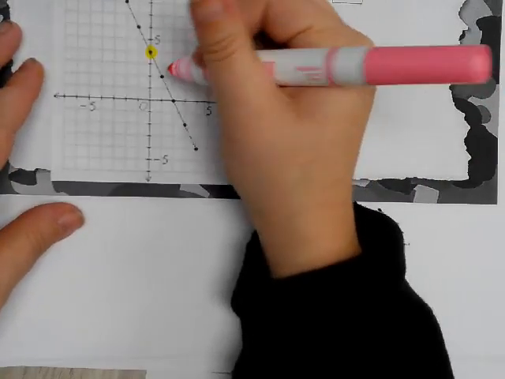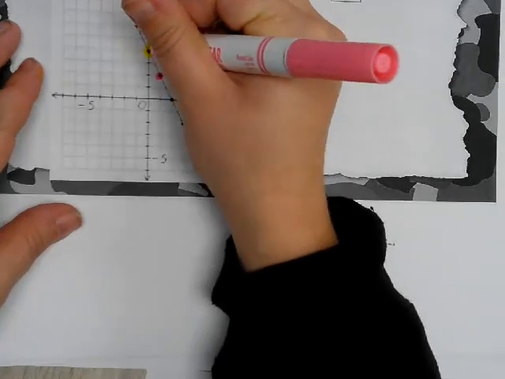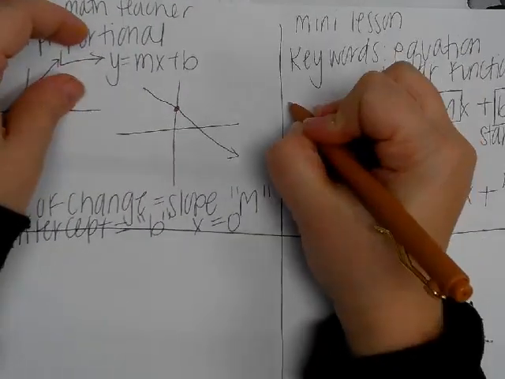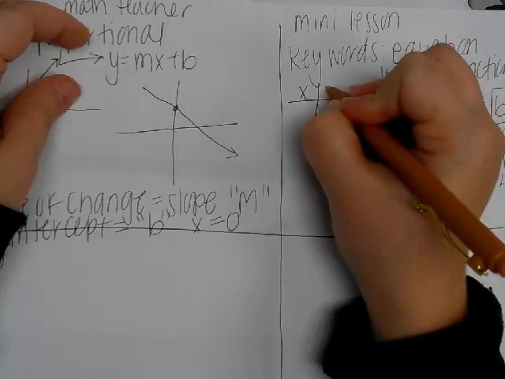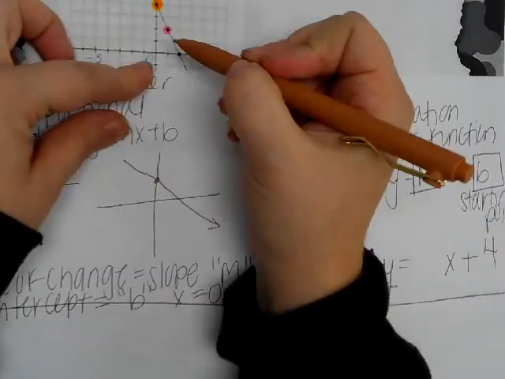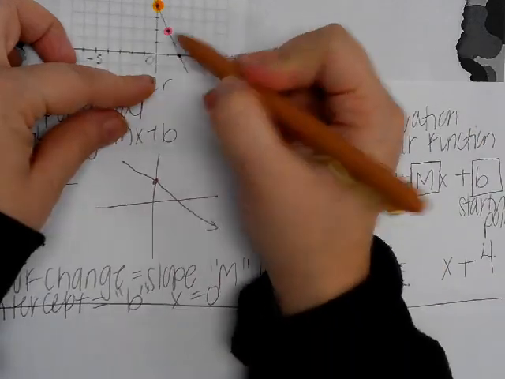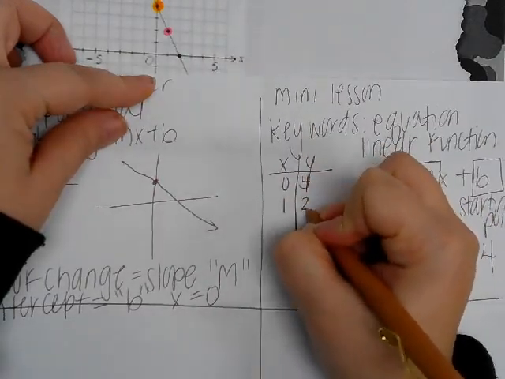So I'm going to pick out 2 points on here. So that's 1, that's 2. And I'm going to make a table. So my first point is 0, 4. My second point is 1, 2.